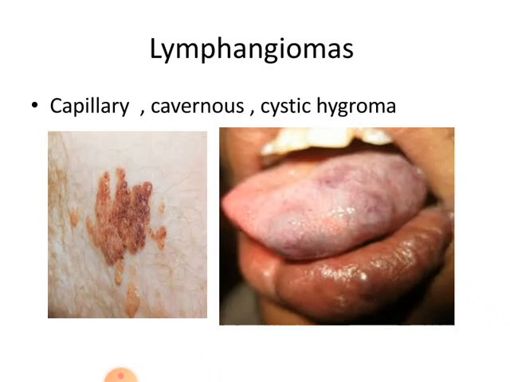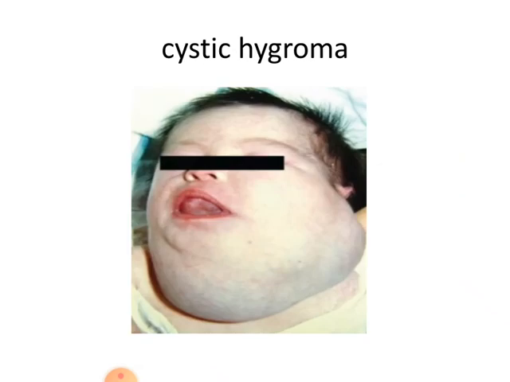It occurs at the skin and mucous membrane, especially the tongue, like this picture, brownish papules on the skin and mucous membrane. Treatment is surgical excision if accessible. This is the capillary lymphangioma.